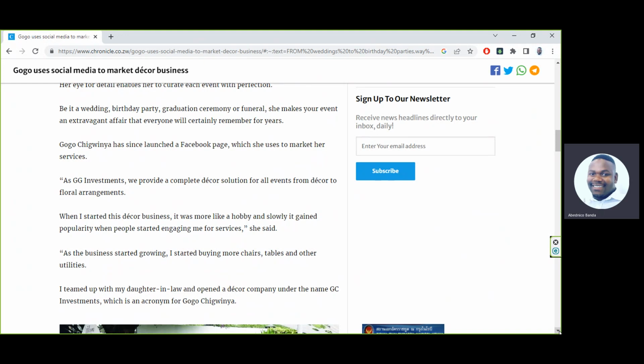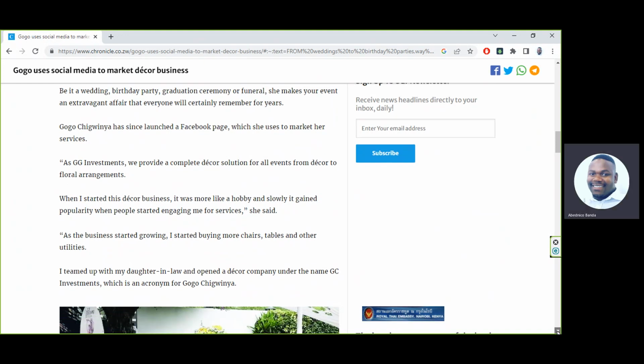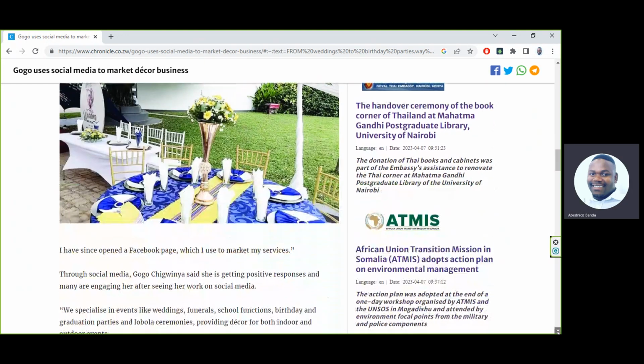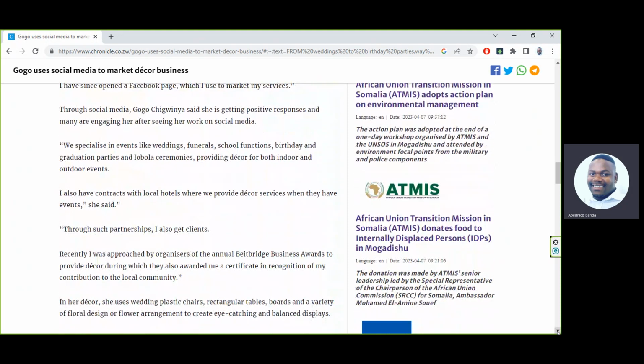I teamed up with my daughter-in-law and opened a decor company under the name GC Investments, which is an acronym for Gogo Chigwinya. You can see some of the samples there. I have since opened a Facebook page, which I use to market my services."